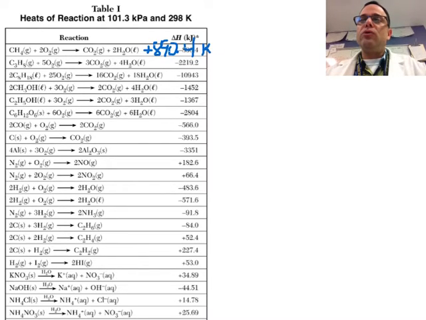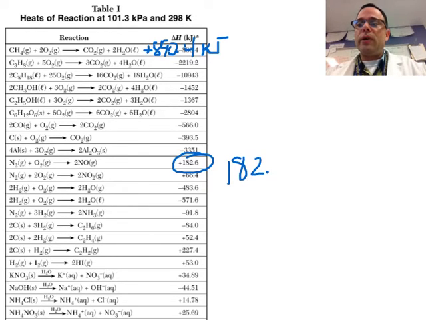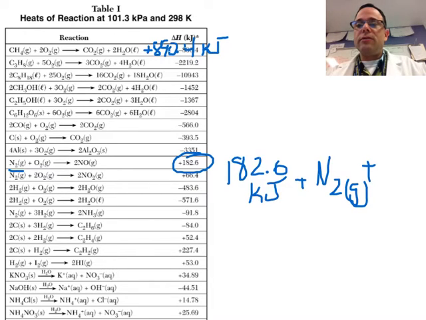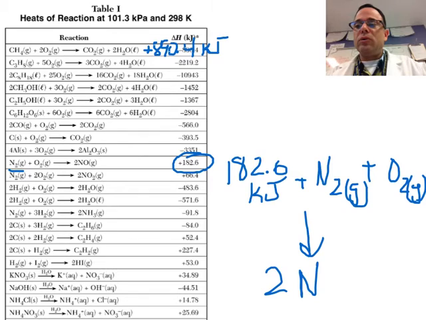So 890.4 kilojoules would be written on the right side with the products, whereas right down here, this reaction could be written as 182.6 kilojoules plus nitrogen gas plus O2 gas, and I'll put the yield side going down because I'm running out of room, will yield 2 moles of nitrogen oxide.